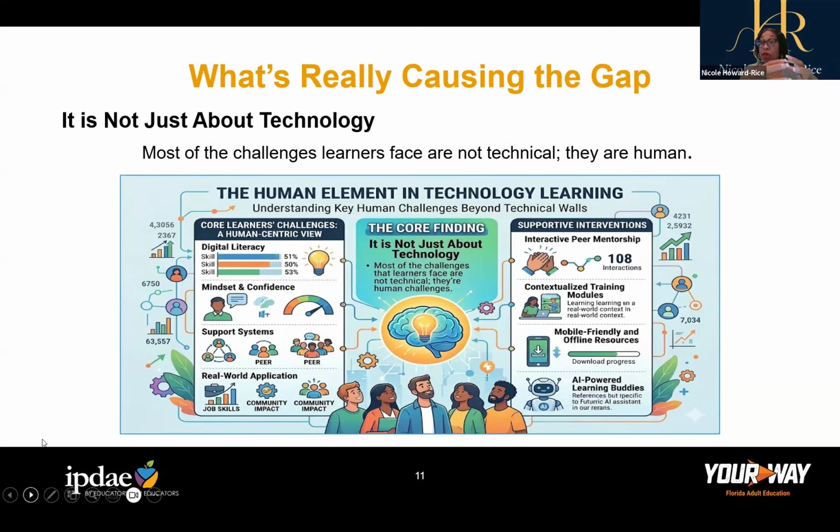Sometimes we have a peer group. Some learners don't have a peer group. It's just them. They're a one-man band. And then the real world application. Sometimes as leaders and as educators, we teach from a place in which we learn. Subconsciously, we don't consider that everyone doesn't learn the same and that the application for me may not be the application for you.